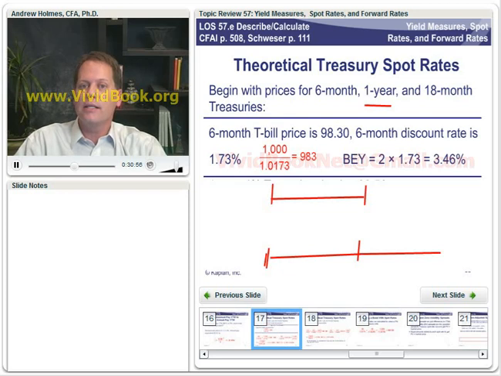So in this case, we're going to get $1,000 here. And for the 6-month bond, and we'll get the parameters of it later on, we're going to get some sort of payment here, and then we're going to get that same interest payment plus $1,000 here, right?